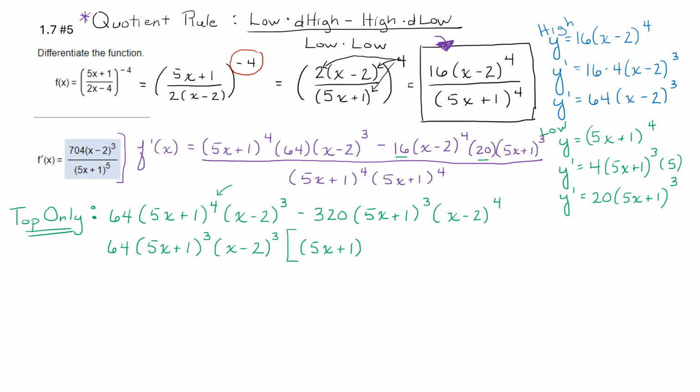And for the (x - 2)^3, it also cancels out in that first part because they're the same. I'm going to subtract. Now, 320 divided by the 64 will leave a 5. If I look at the (5x + 1)^3, I've already pulled that out. If I look at the (x - 2)^4, I've pulled out 3 of them, so there's 1 left.